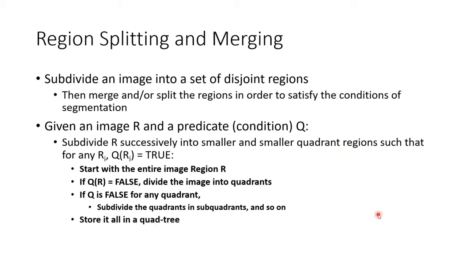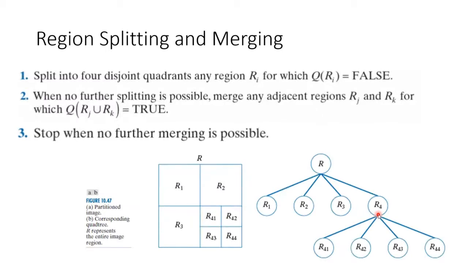is always going to be stored in a quad tree. A quad tree is just a data structure, a tree structure, a very nice data structure. It is applied to many fields, but in this particular algorithm, the root will be the entire image.